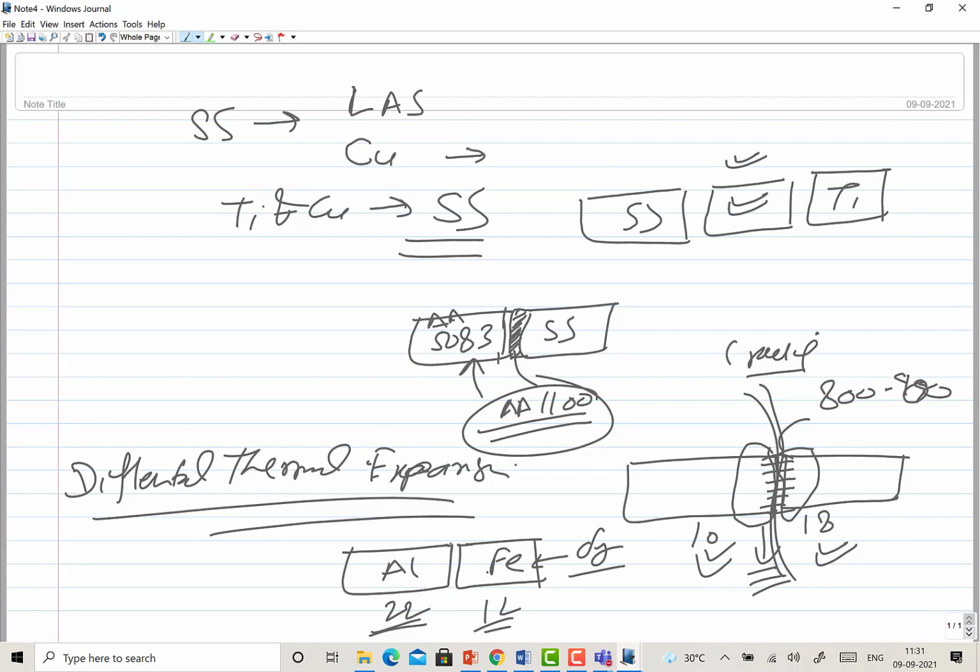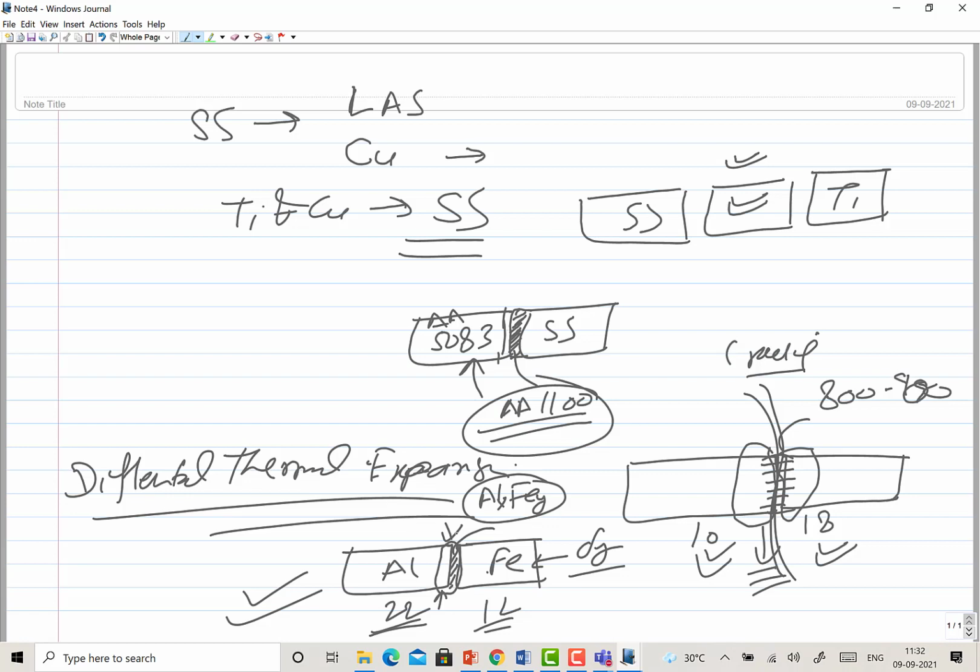So all these stresses get localized on the weaker aluminum side, and that in turn leads to the formation of cracks at the interface. It is not just the high residual stresses that cause cracking, but also the formation of hard and brittle aluminum-iron intermetallics at the interface. So whenever the two are directly joined, either by fusion welding or even in uncontrolled solid state joining, you get cracks invariably. So you need much better control over such things.